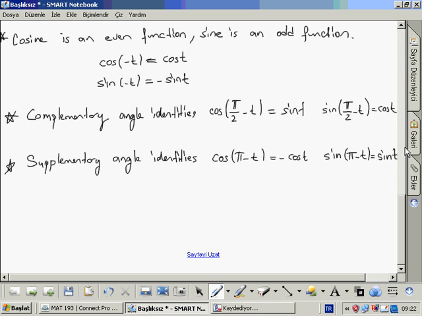Then let me give you some examples about these angles.